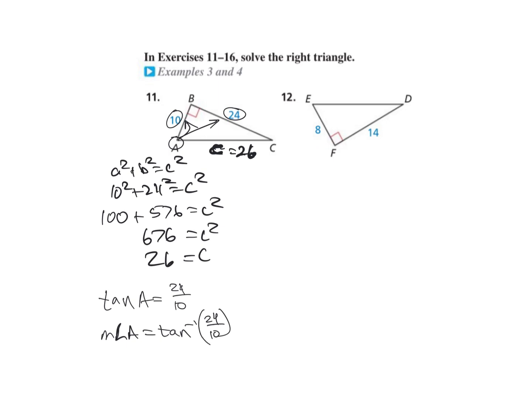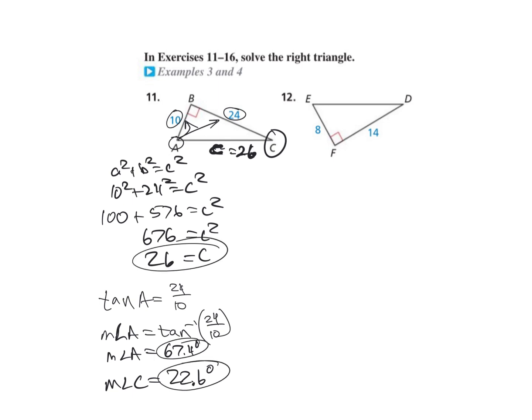So 24 divided by 10 is 2.4, and the arc tangent of that gives the measure of angle A to be 67.4 degrees. And if we know that, then angle C is just 90 minus that. So the measure of angle C is 90 minus 67.4, which is 22.6 degrees. So there are our three answers that we need.